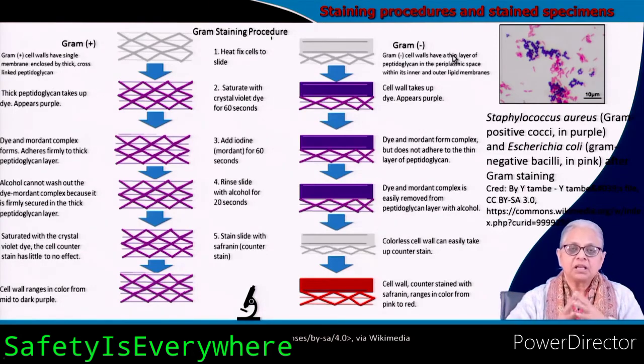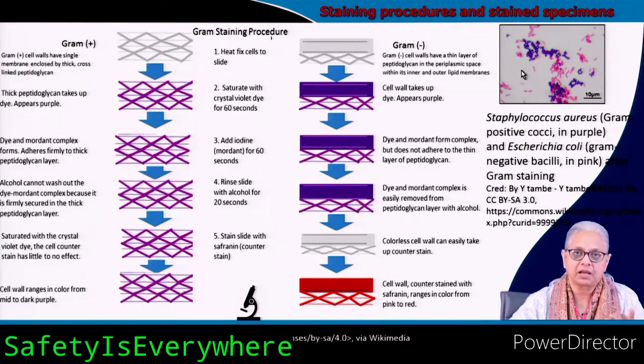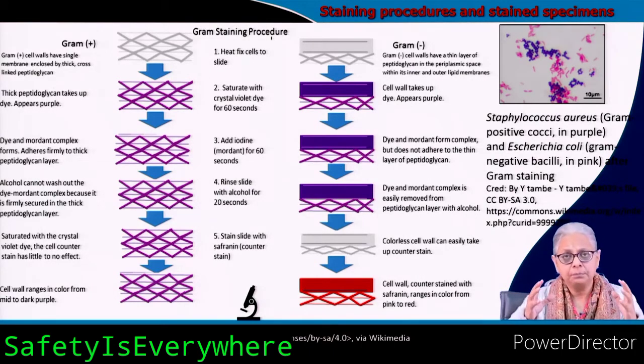Here we have the gram staining procedure, and there is an example over here of the specimens after they have been stained. You can take any sample. You can take a water sample, a river water sample, pond water, wastewater, anything. You take the cells. There will be a mixed population of bacteria in any natural water sample.